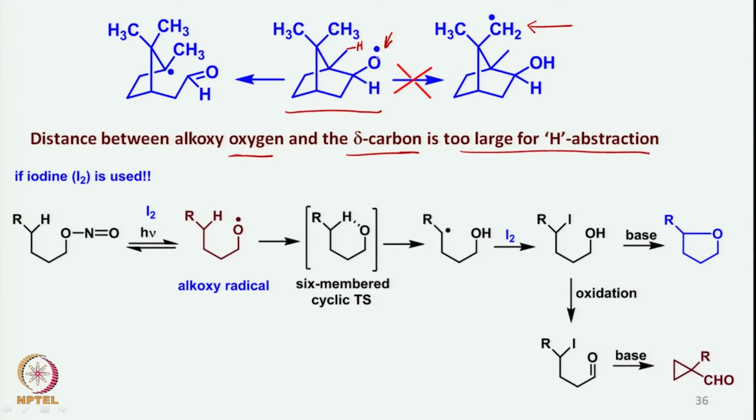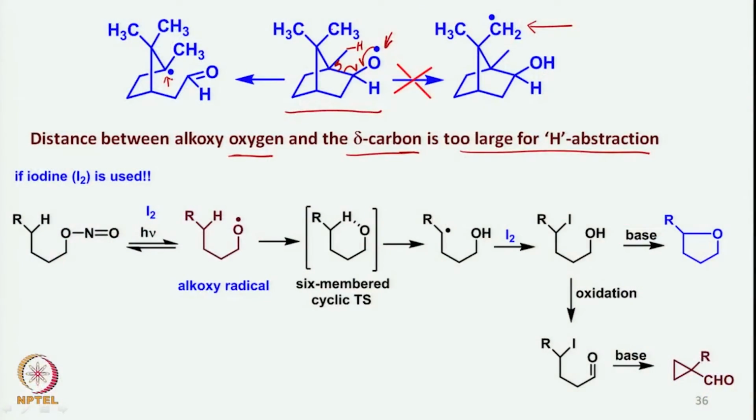And therefore what happens is that this particular cleavage occurs in this fashion, that you break it and generate a radical on this particular carbon atom. So, if one does not have a possibility of hydrogen abstraction, then there is a possibility of this kind of CC bond cleavage.